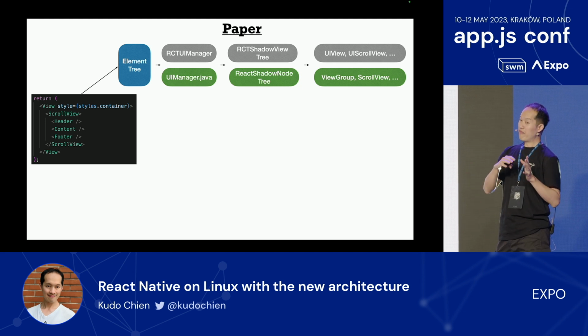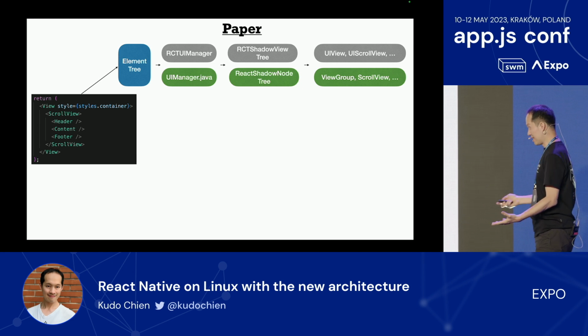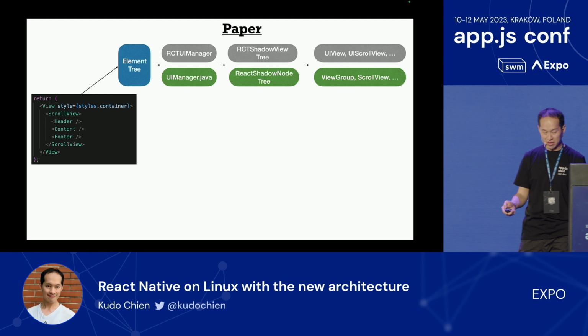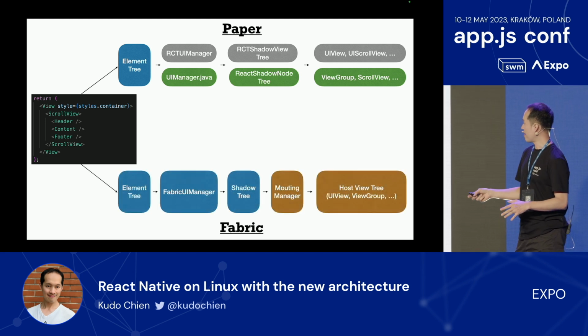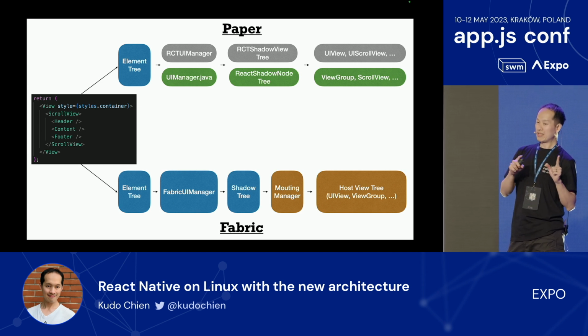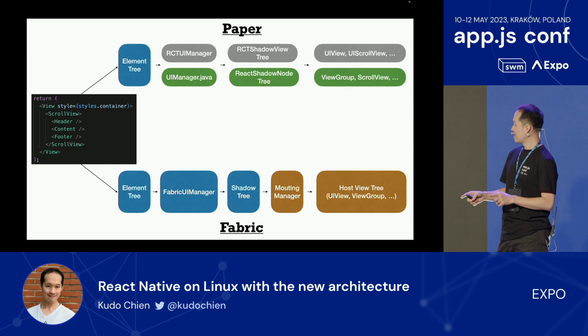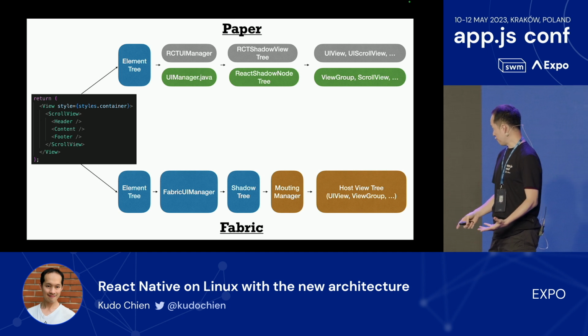So if we fork the React Native core to support a new platform, there will be a lot of work. Thankfully, for the new architecture, especially for Fabric, right now we have a Fabric UI manager and a shadow tree, which is written in C++. And the core can be shared across different platforms.